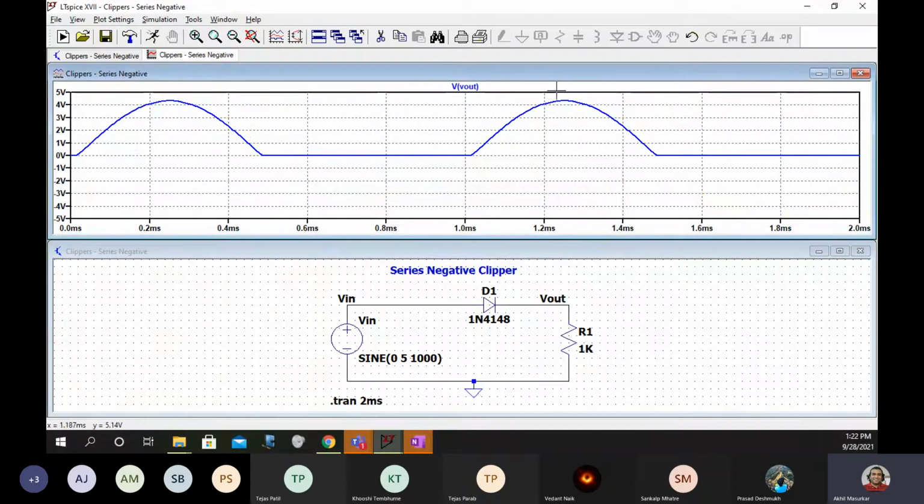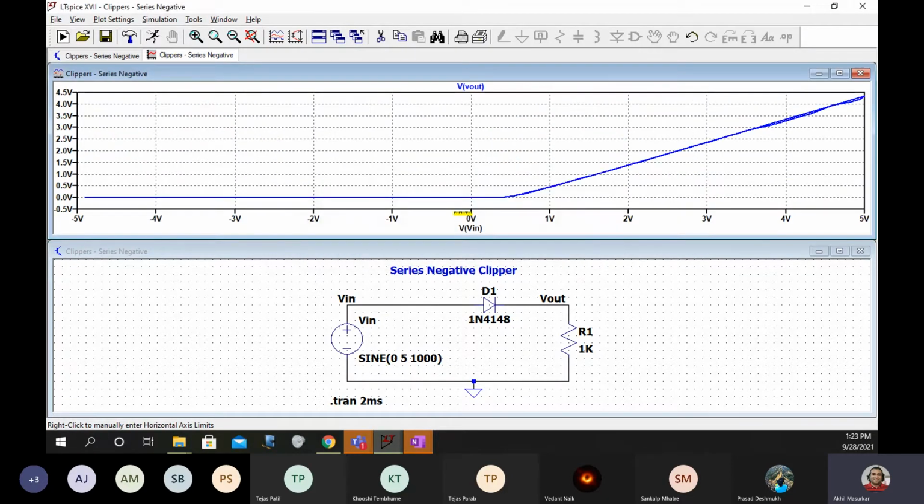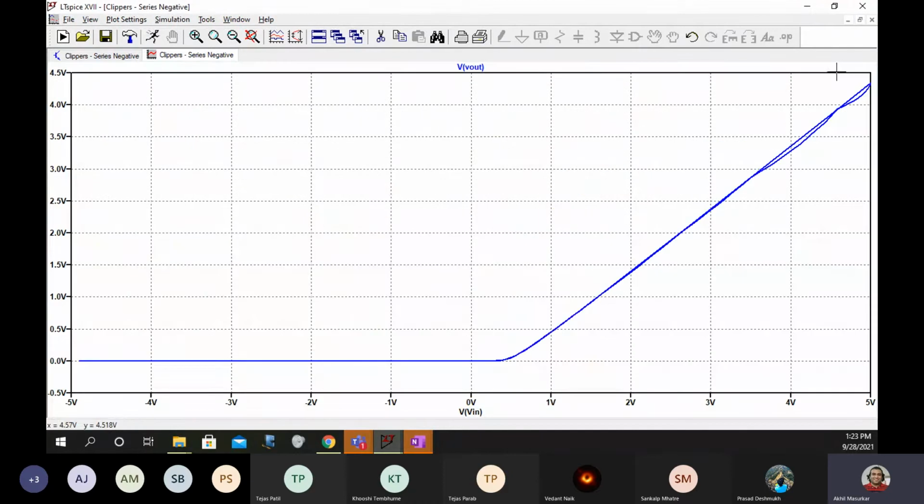What we have plotted here is V out with respect to time. But now I want to plot V out with respect to V in. Here on the x-axis I will write V of V in.